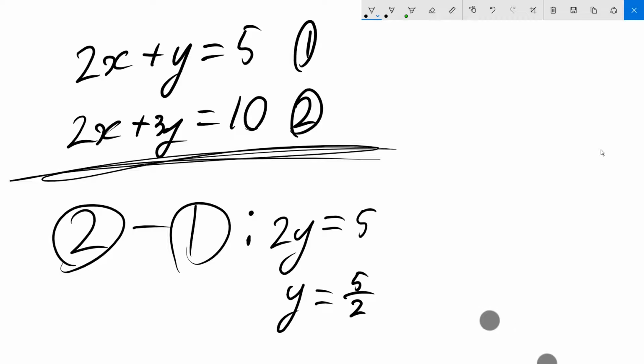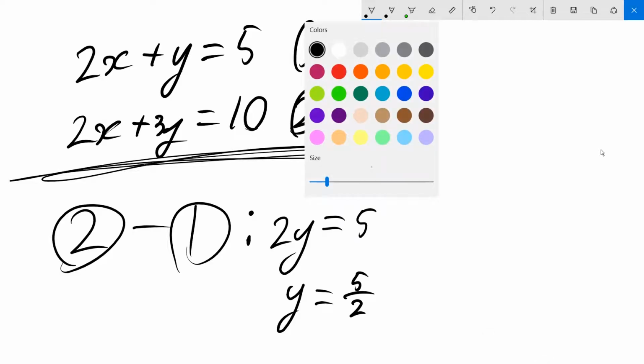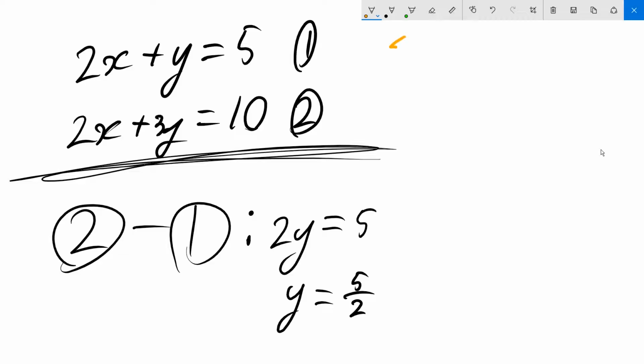By doing this, we can now sub y equals 5 halves into an equation to solve it. Sub y equals 5 over 2 into, let's say, equation 1 for now.